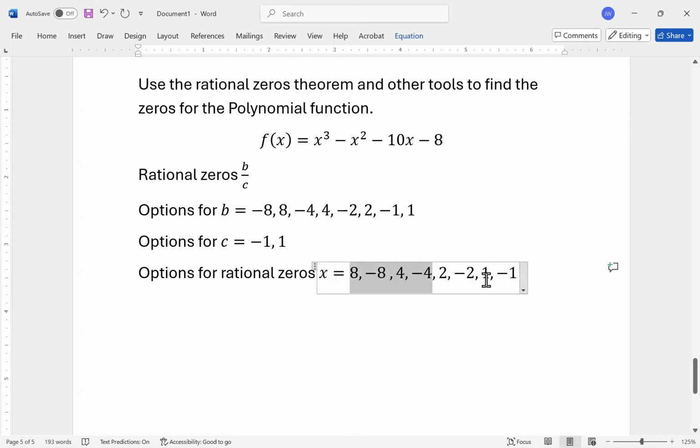These are whole numbers. Obviously, if C had more options, we might get some rational numbers there as well.